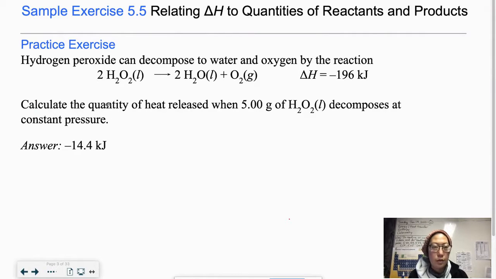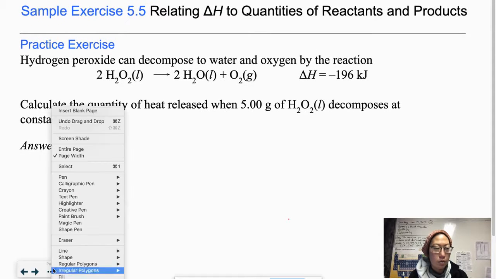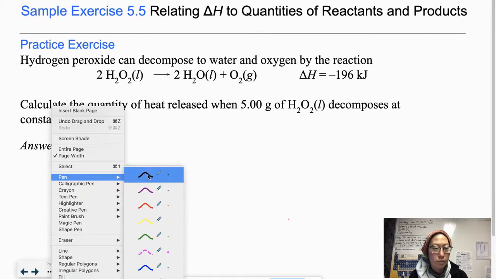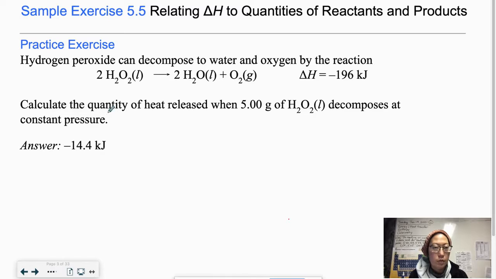So let's see how this question is done. So here we have a thermochemical equation, and what they want us to calculate is the quantity of heat released. So right here, the quantity of heat when 5 grams of hydrogen peroxide decomposes at constant pressure.